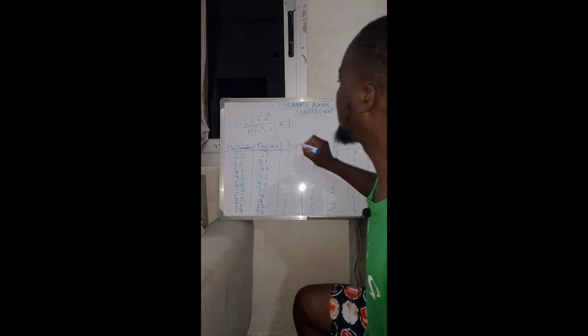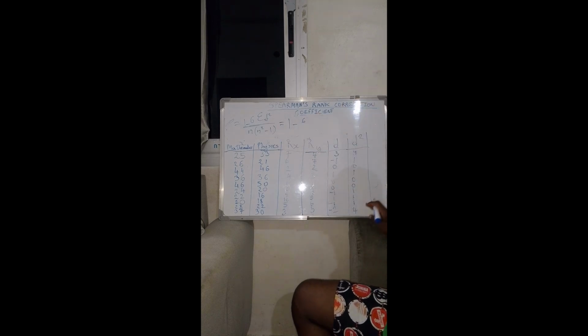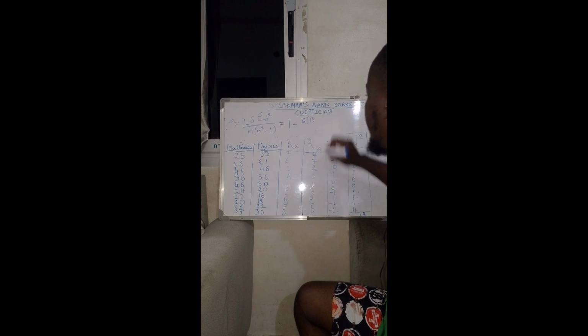Now we have 1 minus 6, the sum of d square. So we have to find the sum of all these products. 9 plus 1, we have 10, plus 1, 11, plus 1, 12, 13, 14, plus 8, plus 4 is equal to 18. So the sum of our d square is 18. So we have bracket 18 here.